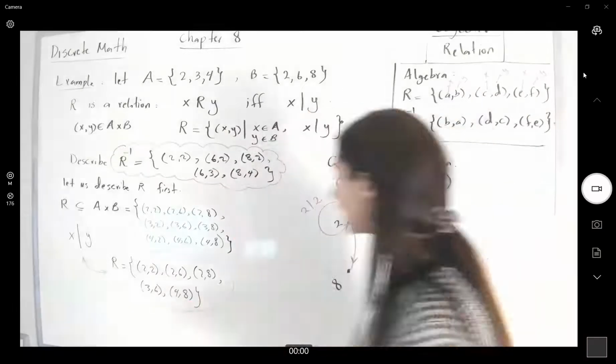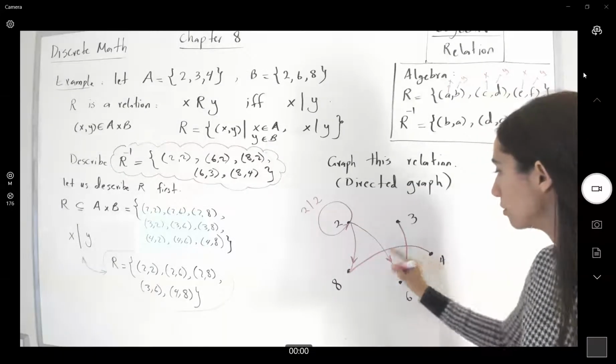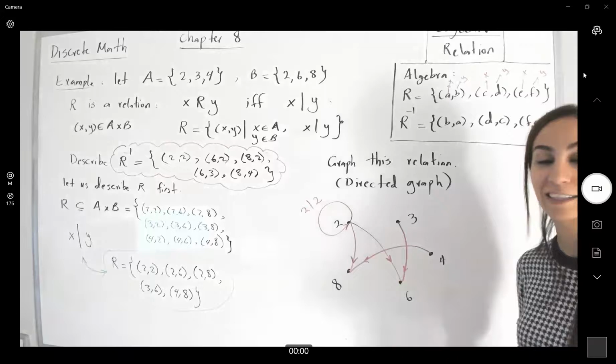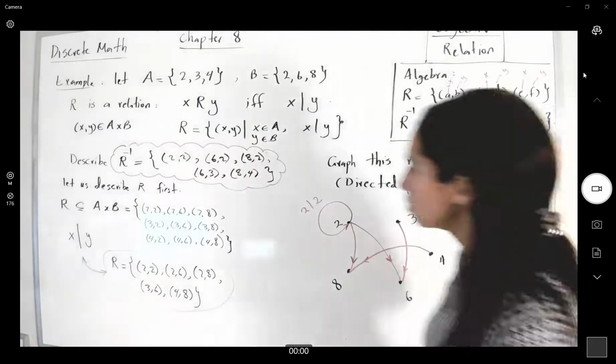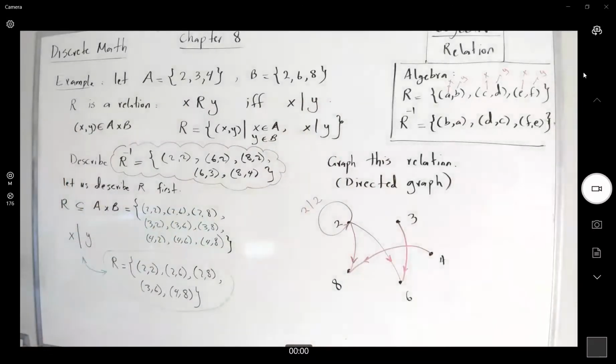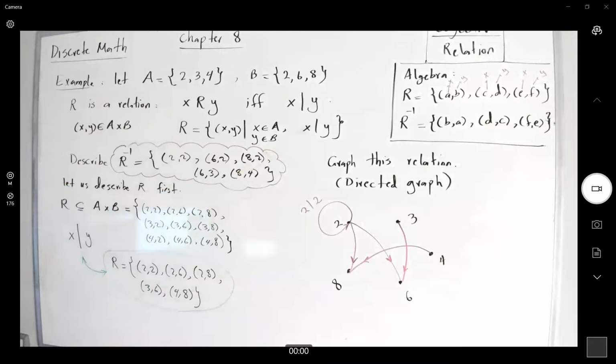What else do we have? 4 and 8. 4 is connected to 8. An arrow coming from 4 and landing at 8. This is called the directed graph. So that's it. The question asks to describe the inverse relation and graph the relation using a directed graph. Very well.